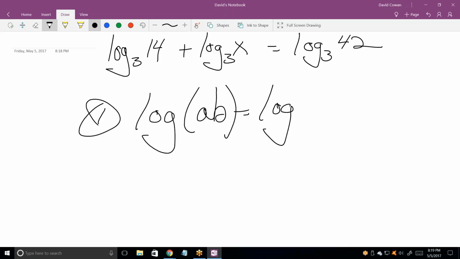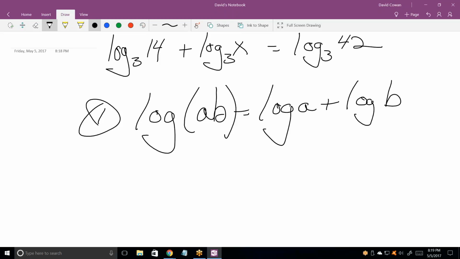These are three rules that you've got to memorize or you're going to flunk logs. That's the bottom line. Seriously, you've got to memorize these three rules. So that's the log of a plus the log of b.